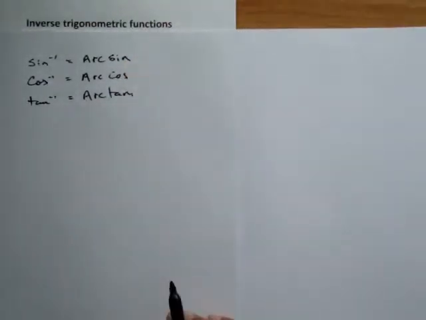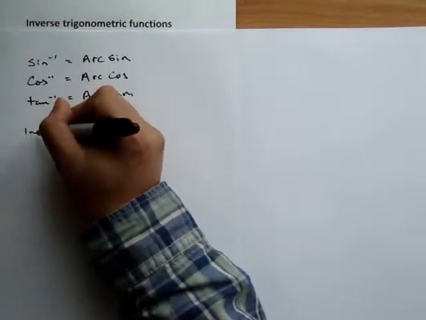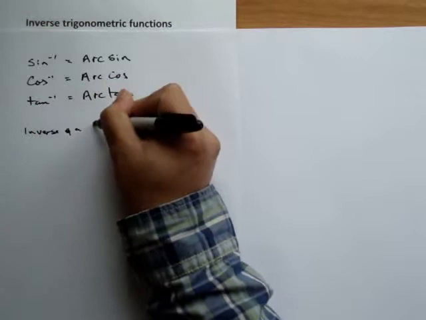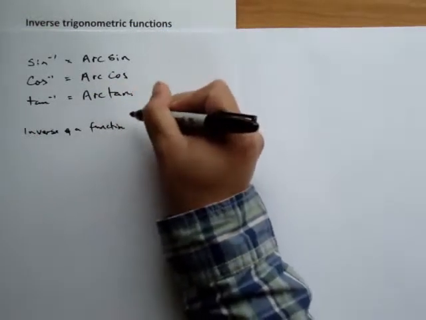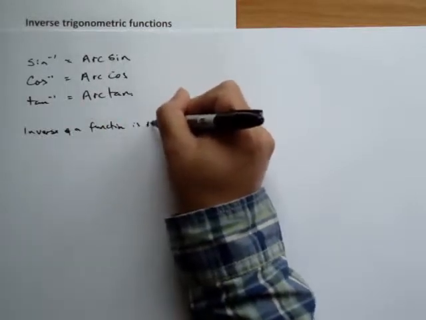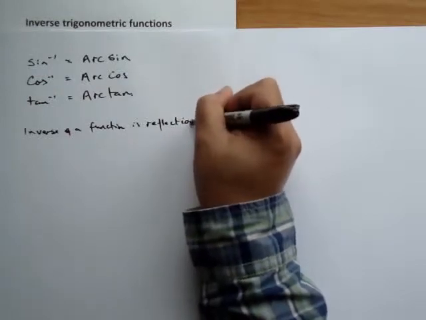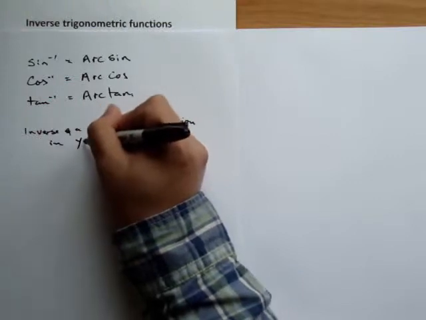If we want to draw the arc sine or arc cos functions, we have to remember that the inverse of a function is its reflection in the y equals x axis.